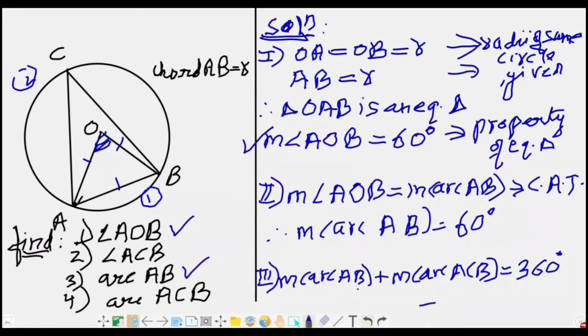What's the reason? Forming a circle. One of the arcs you know, so you can easily calculate the other one. Let's calculate that.